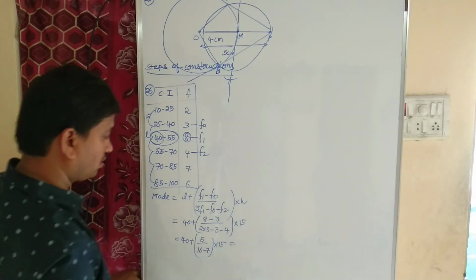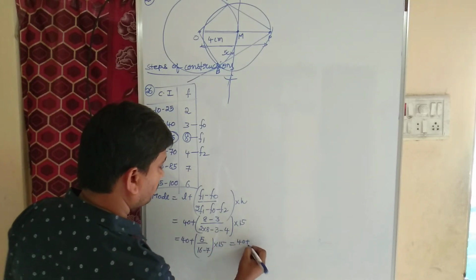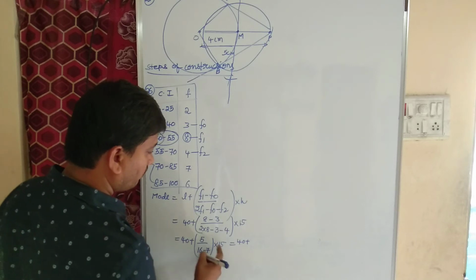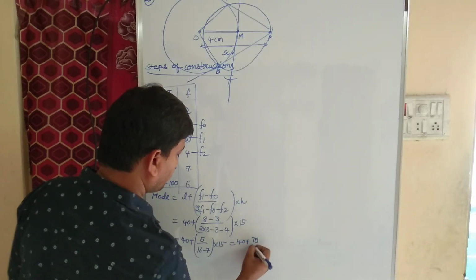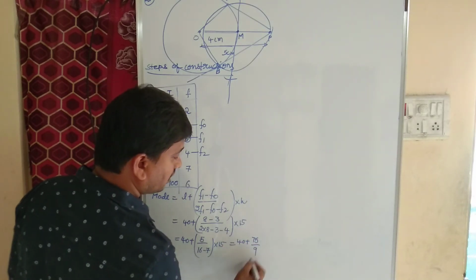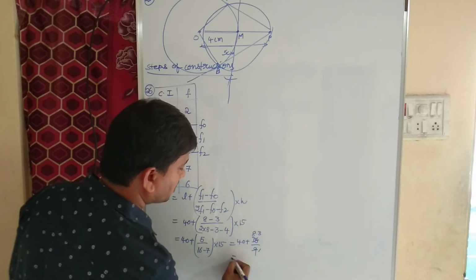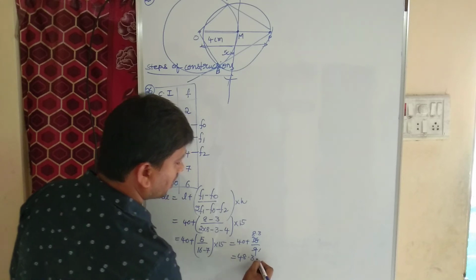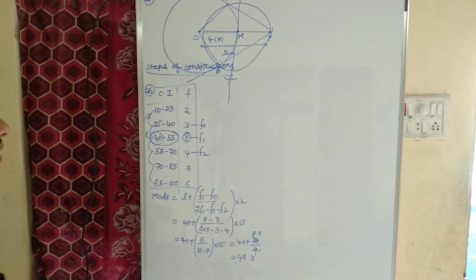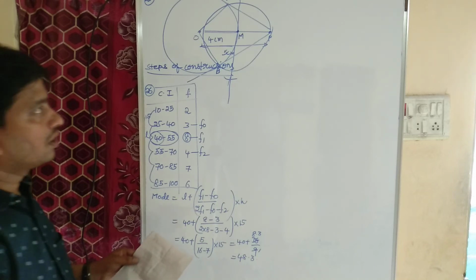That implies 40 plus 75 divided by 9, which is 8.3. So 40 plus 8.3 implies 48.3. So the mode of the data is 48.3.